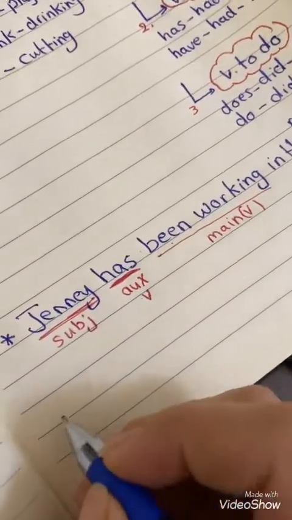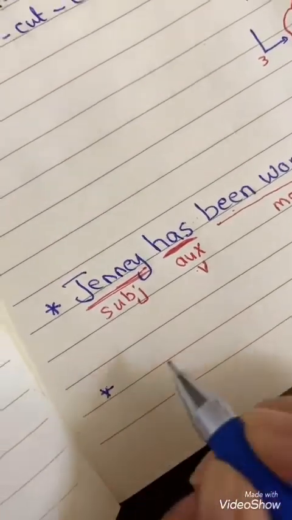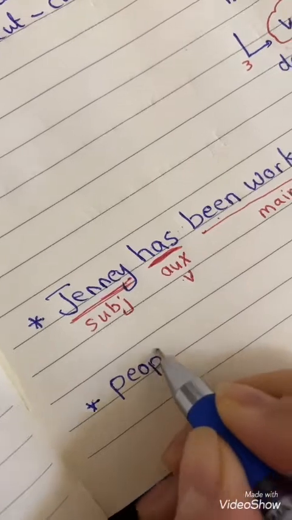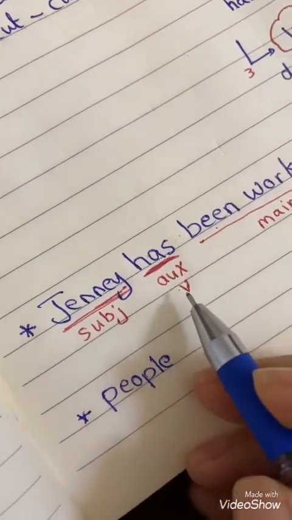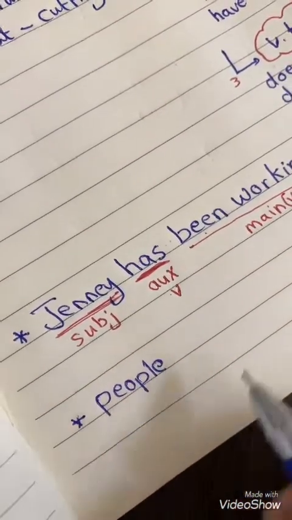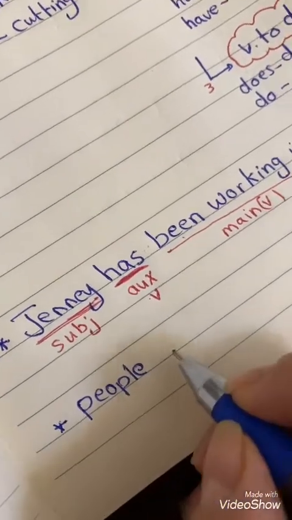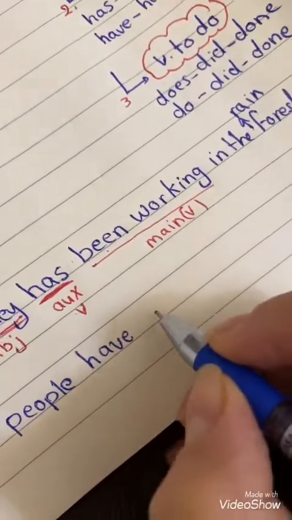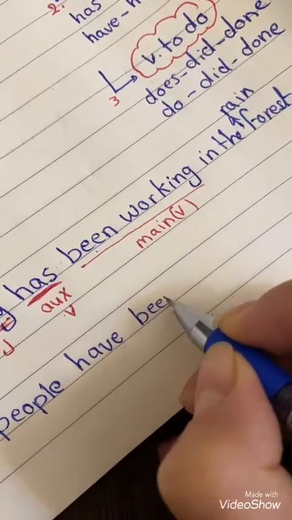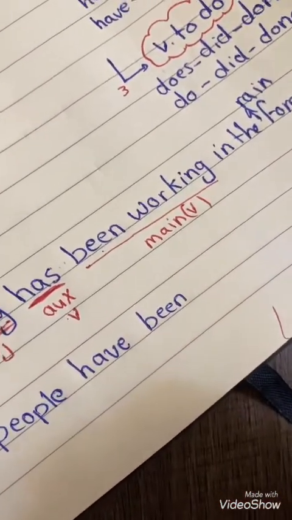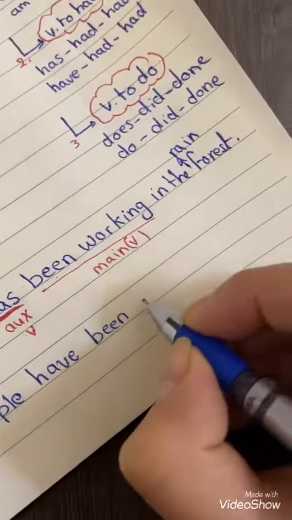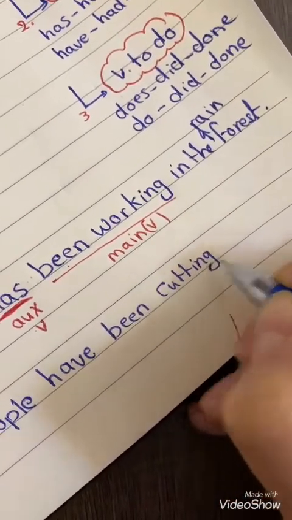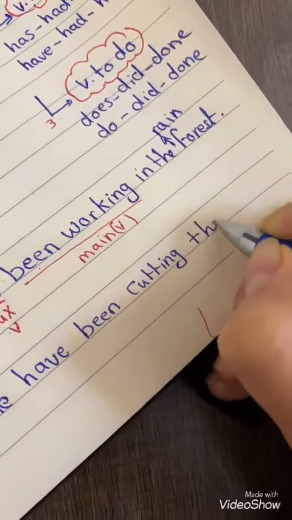Okay, look at this sentence. We said yesterday that people, has or have? People is a plural subject, so it is have been. Cut with ing, cutting the trees.